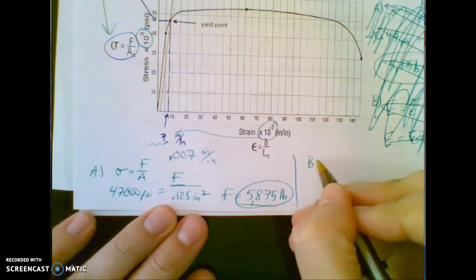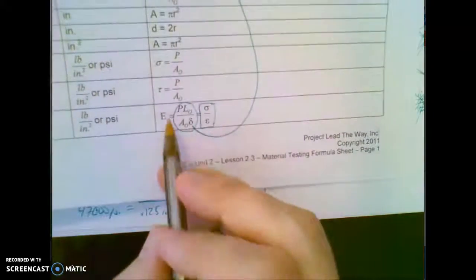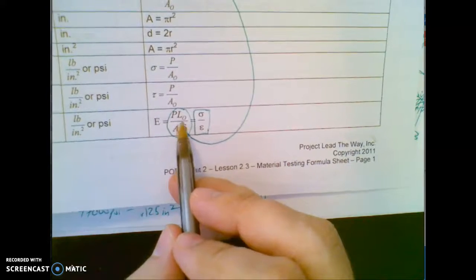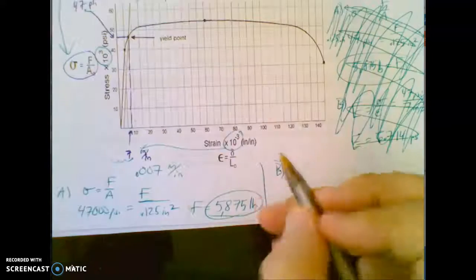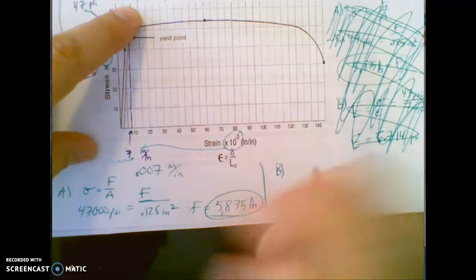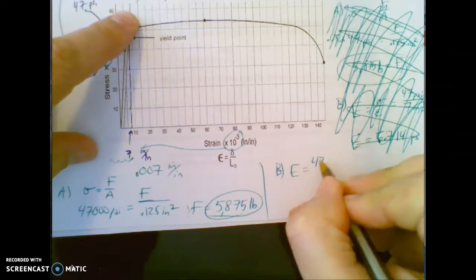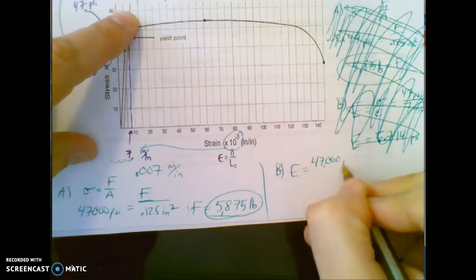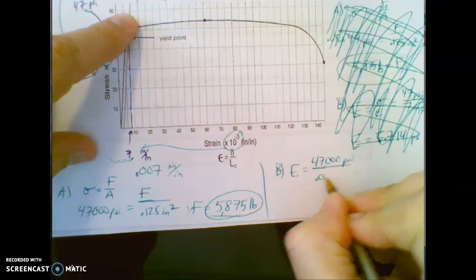B is pretty similar, except even easier, because when they ask for modulus of elasticity, it doesn't say it here, but we used a crazy equation for it earlier, but you could say E is stress over strain. So here's stress at 47,000, here's strain at 0.007. So E is 47,000 psi divided by 0.007.